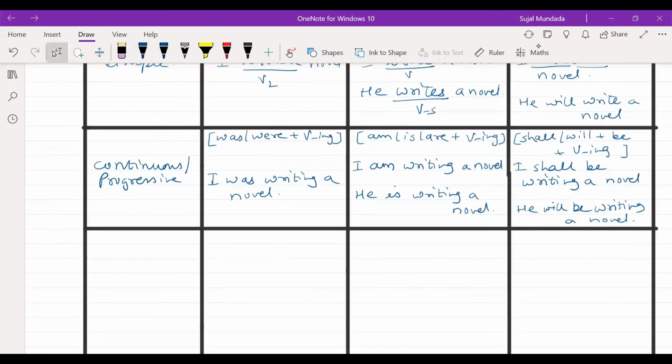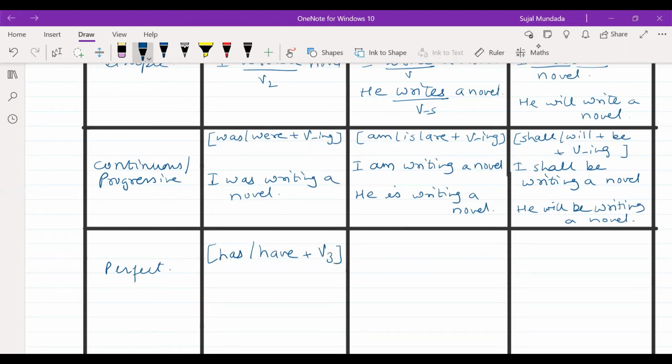Let's now see the perfect tenses. Now, in past perfect tense, the verb structure is had plus V3. V3 is the past participle form of the verb.